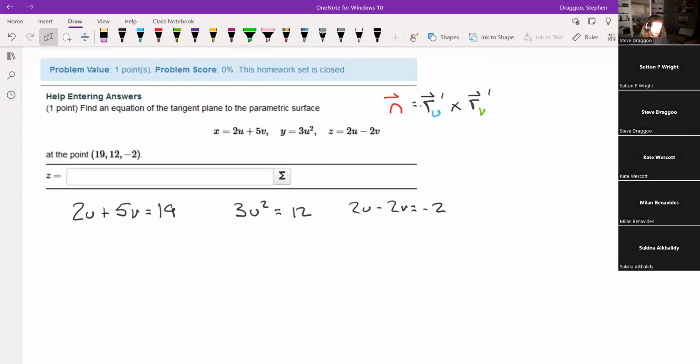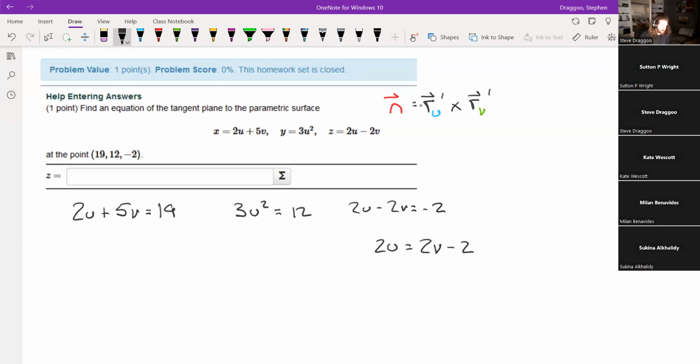I'm going to solve the easiest ones, I think. Meaning probably I'm going to be solving the x and z components for u and v, and then I'll just verify that with the y component. y has a squared variable in it, and I'd rather not deal with a plus or minus, so I'll solve x and z, which are both linear. So let's start with 2u equals 2v minus 2.